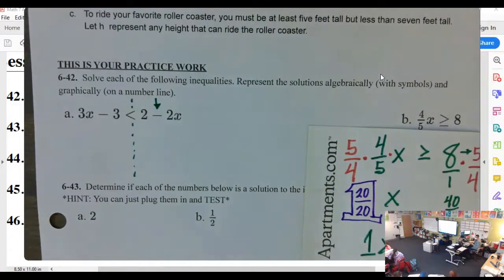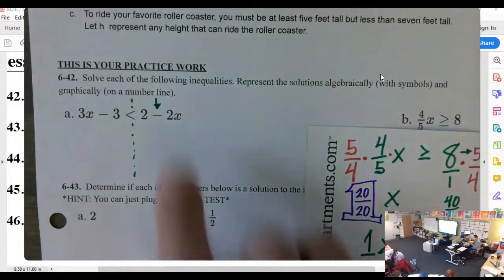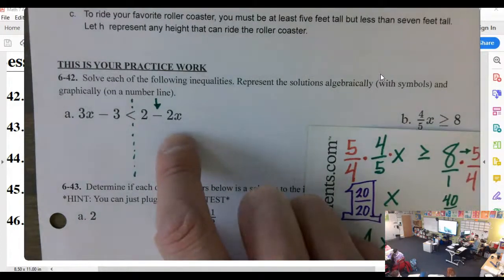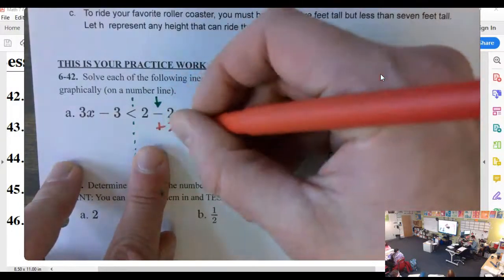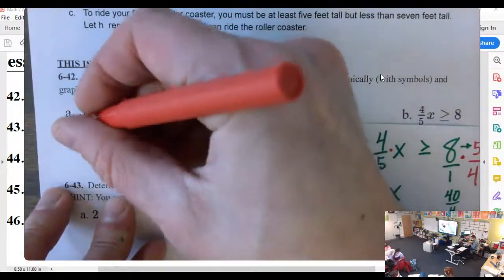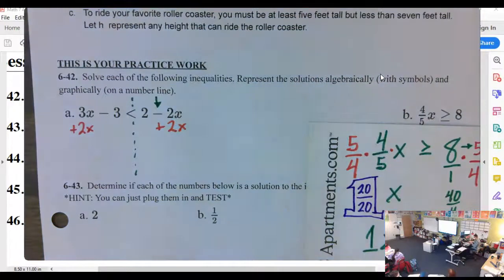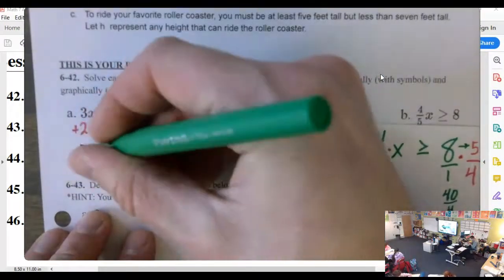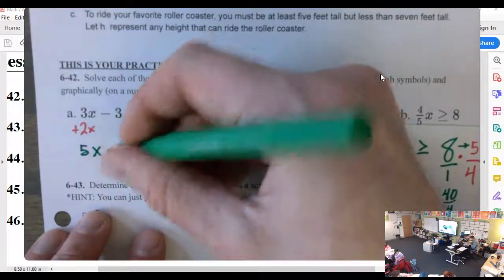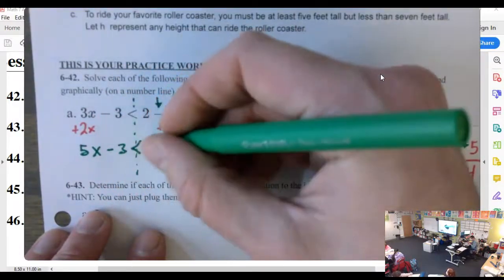The best way to deal with this, we don't like negativity. No one likes negative people. So we're going to add 2x to both sides. If you haven't done this yet, you should be doing it with me. We would now get 5x, still have that minus 3, less than 2.